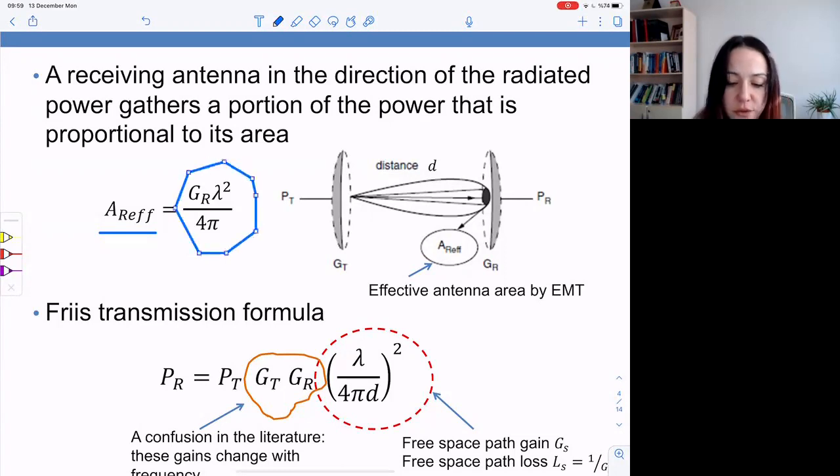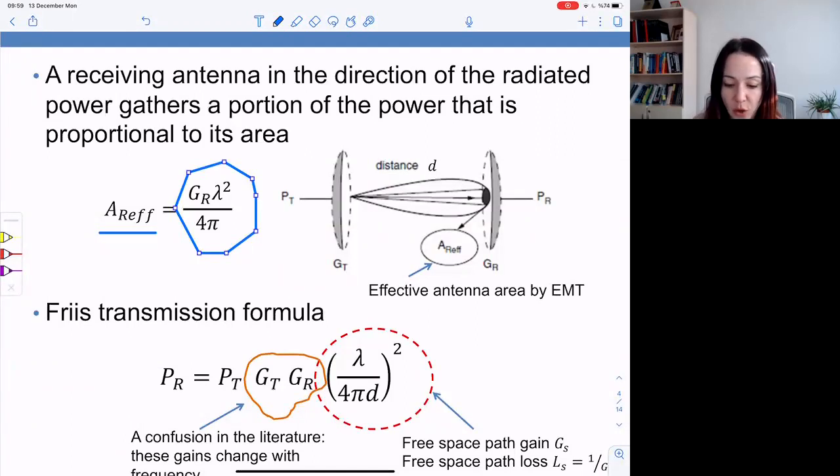So the larger the wavelength, the larger the effective antenna area, because receive antennas are constructed with the wavelength that we are receiving in mind.